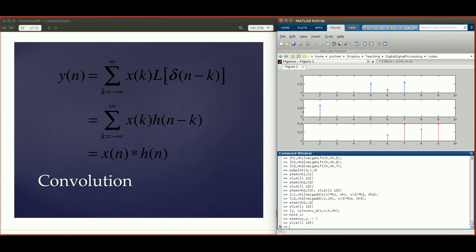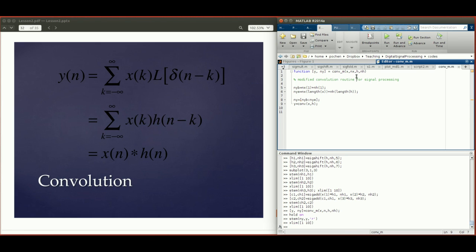But now let's try to understand how this function was written. So basically, I have a comment line here: modified convolution routine for signal processing. And then let me just write y, ny equals conv_m, x, nx, h, nh.